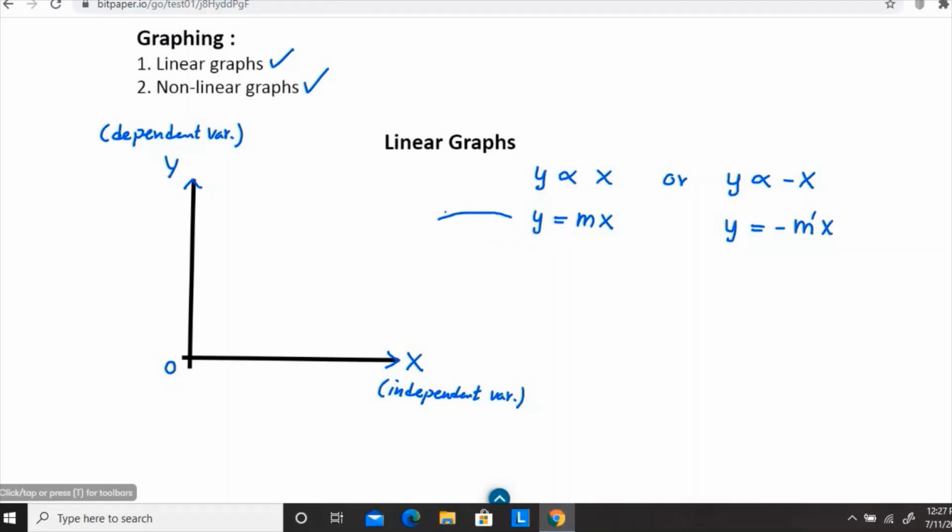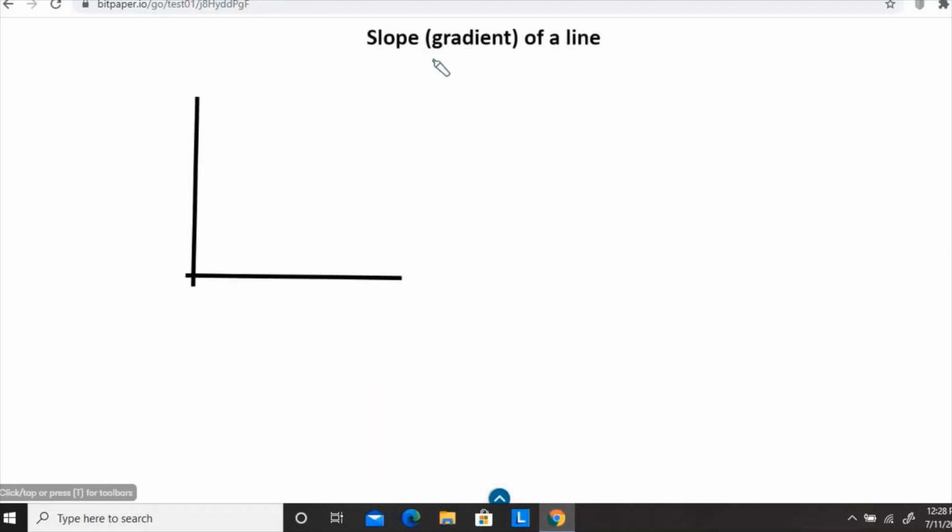The y equals mx equation, its graph on this xy coordinate system would look like this. It's a straight line that goes through the origin in this way. And that's what we call the y equals mx line or the graph. Now, another important thing is defining the slope or the gradient of a line.